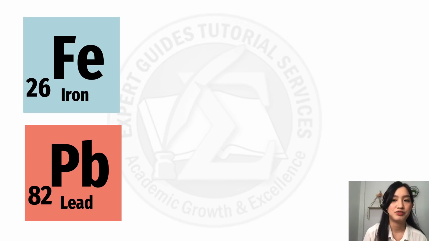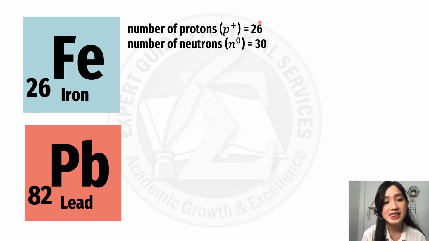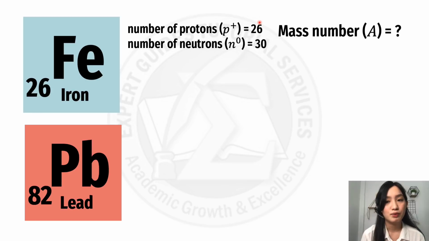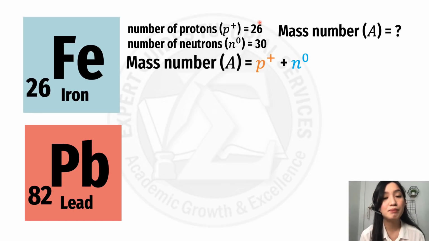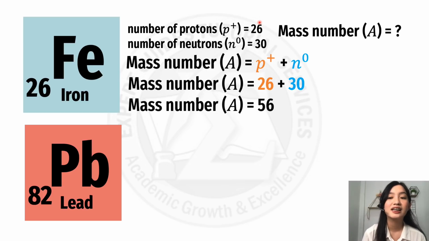Let's start with iron first. Its atomic number is 26, thereby giving us 26 protons. It's given the number of neutrons is 30, so computing for its mass number, protons plus neutrons, 26 plus 30 is equal to 56. So the total mass number of iron is 56.